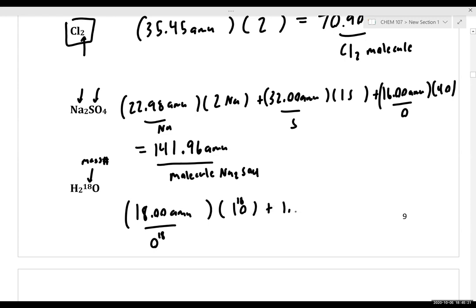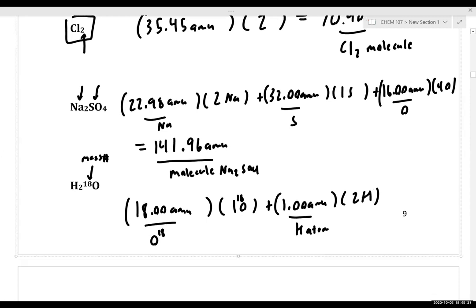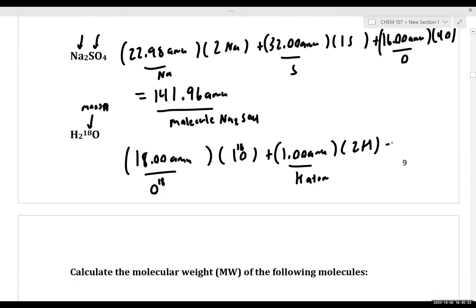And for hydrogen, we have 1.00 AMU per hydrogen atom, and of course, we have 2 hydrogen atoms. So this would give us a preliminary molar mass of 20.00 AMU per H2O18 molecule. So we can either get the atomic mass on average from the periodic table or for a specific isotope using the mass number.